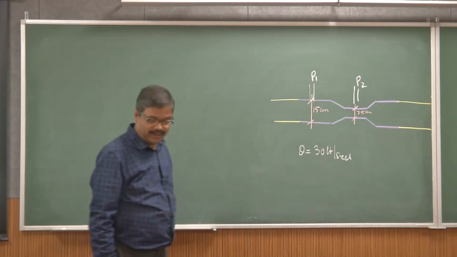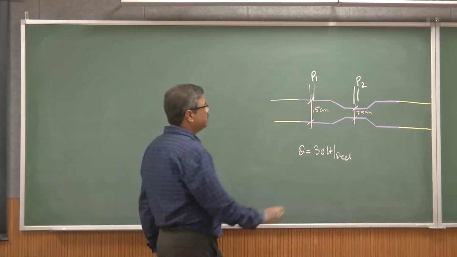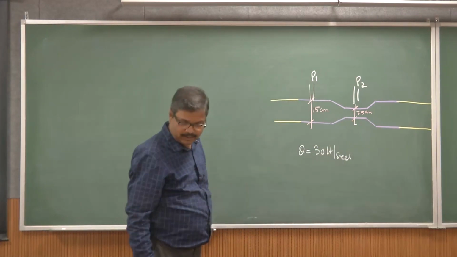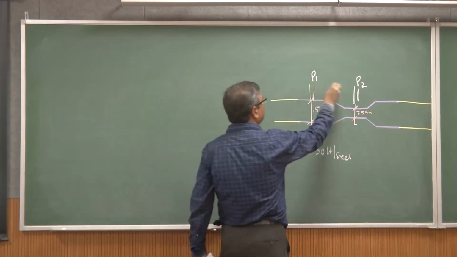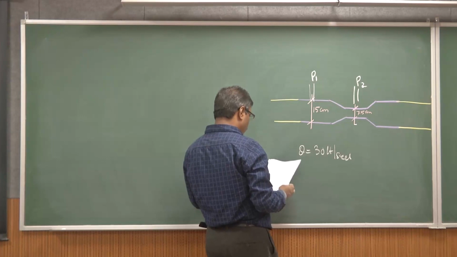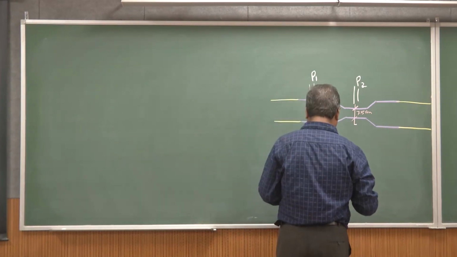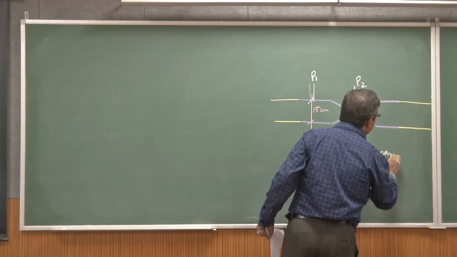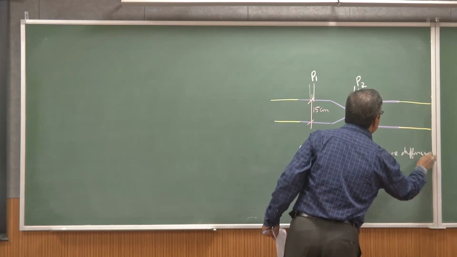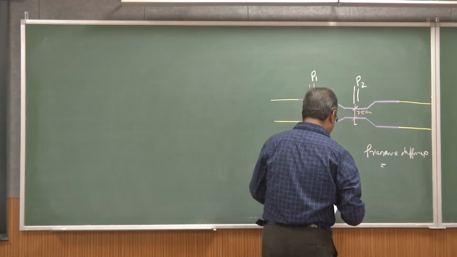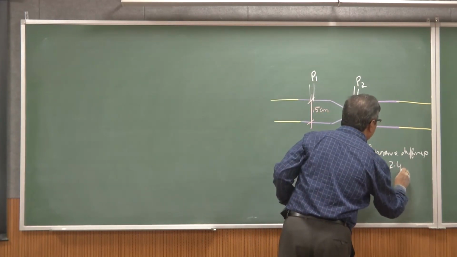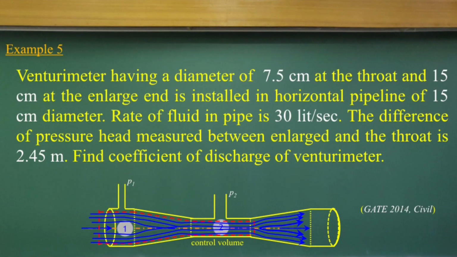The pressure difference between P1 and P2, the throat and the enlarged part, is 2.45 meters in terms of water head.